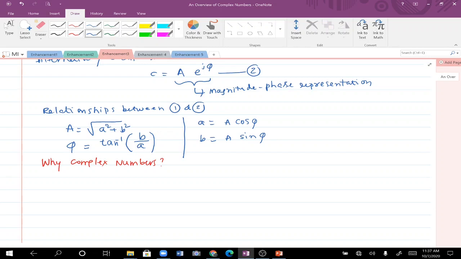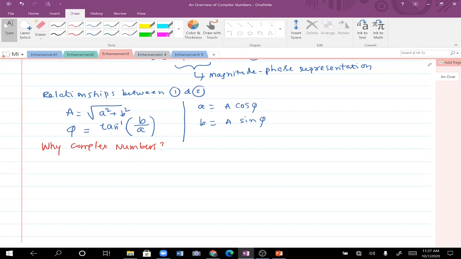Sometimes it is very convenient to handle a particular vector as a complex number. So basically, one answer is that it is very convenient to describe a vector residing in a 2D plane.